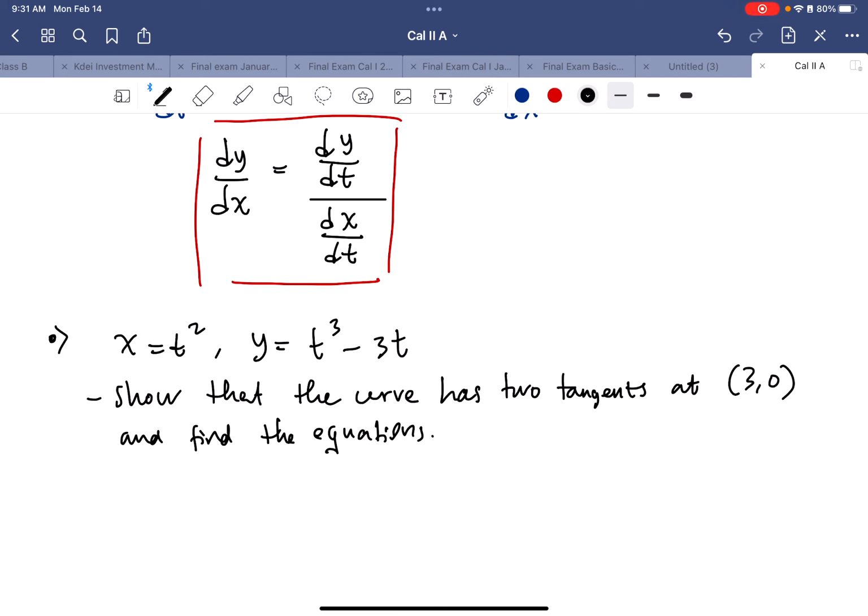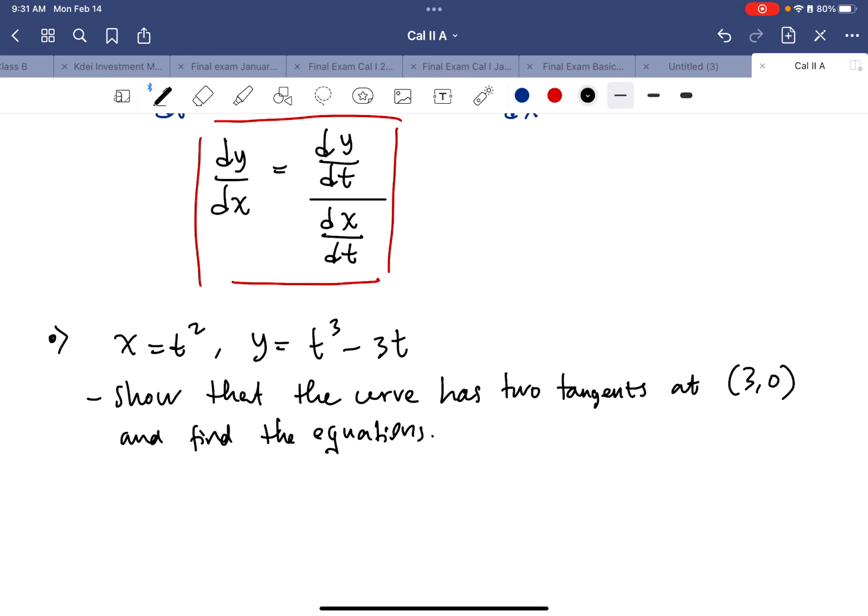Of course, if you would like to eliminate the parameter t, you can do that as well. We can have t as the square root of x, put it in, do some calculations, and we can also find the tangent, find the slope.